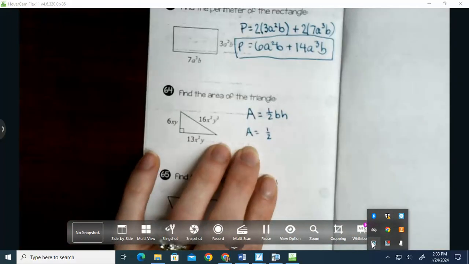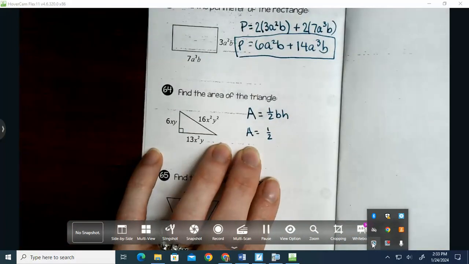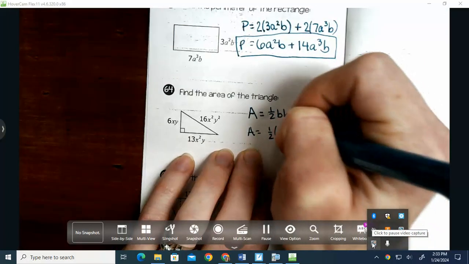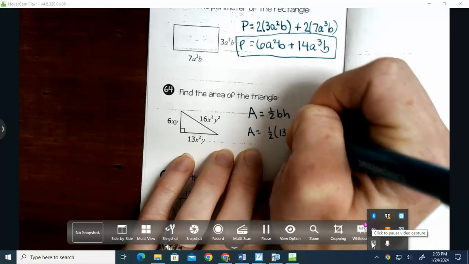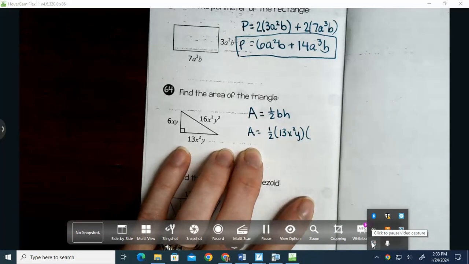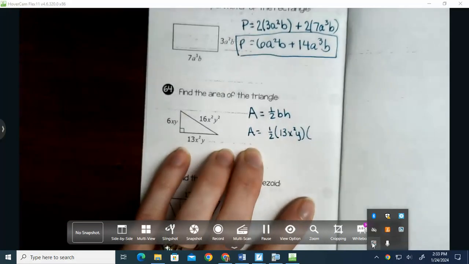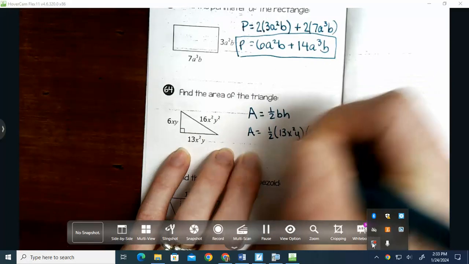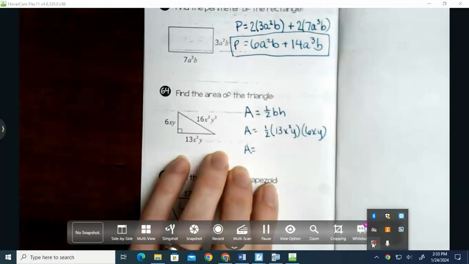Essentially, it's like a rectangle, length times width, but a triangle is only half of it, so you multiply by a half. So the base, the bottom, was 13x squared y. The height was what? 6xy. All right, let's simplify as much as we can.